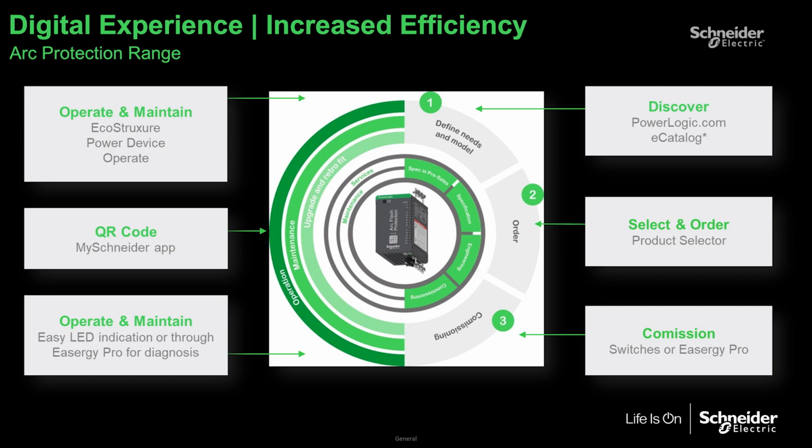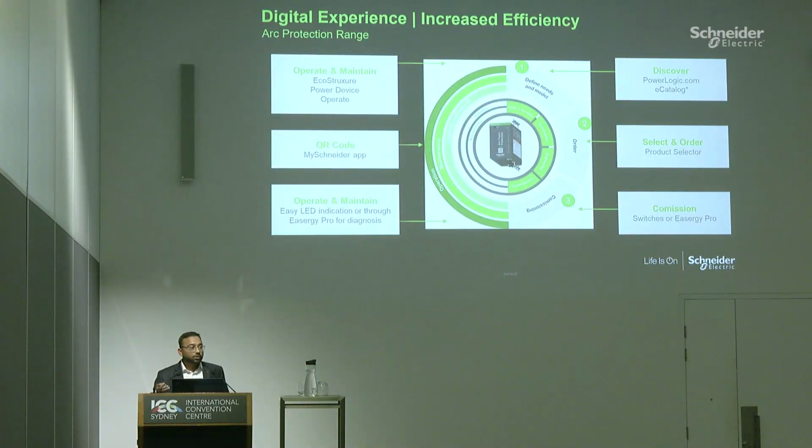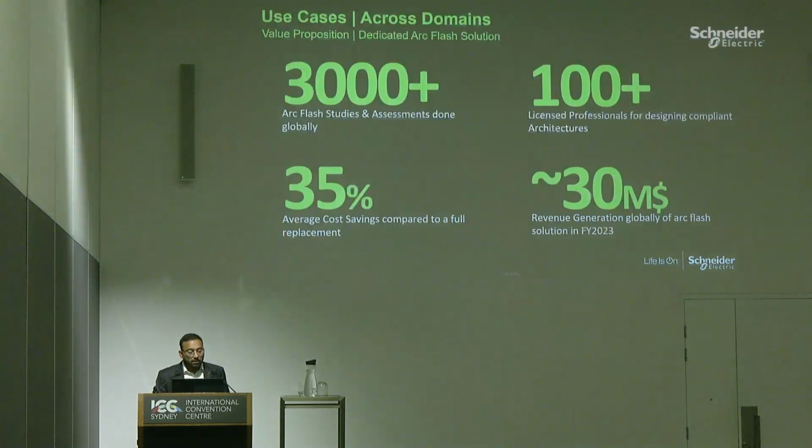You can scan; I think it's available now in the majority of our products. And the dependency on arc flash specialists is reduced. We are trying to make you self-sufficient in using those devices. There are multiple how-to videos available on YouTube, which explain how to do a basic setting, how to do a dip switch setting, how to operate, and what to do in terms of troubleshooting. A lot of commissioning support will also be available.